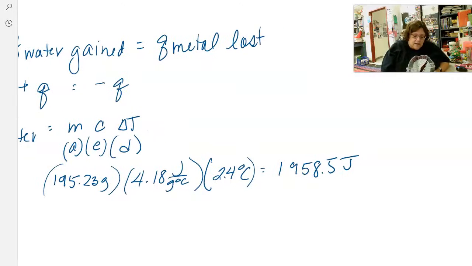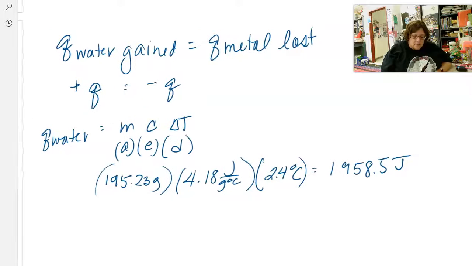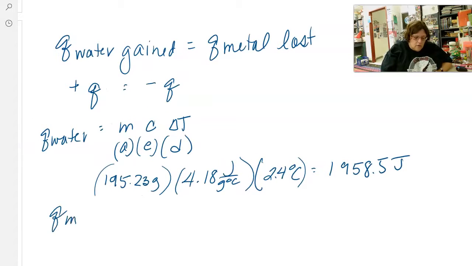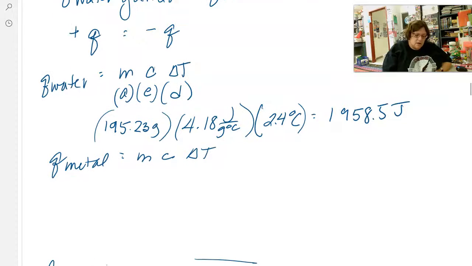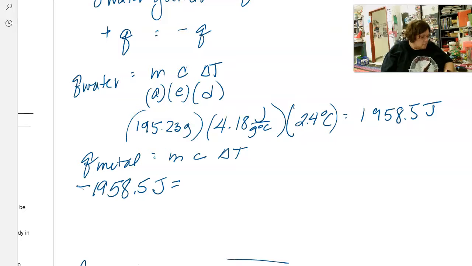So we're going to take that number and write that down here. Q of metal is equal to mass times specific heat times temperature change. So we're going to write negative 1958.5 joules is equal to the mass of the metal, which is 276.4 grams for the lab I'm using.